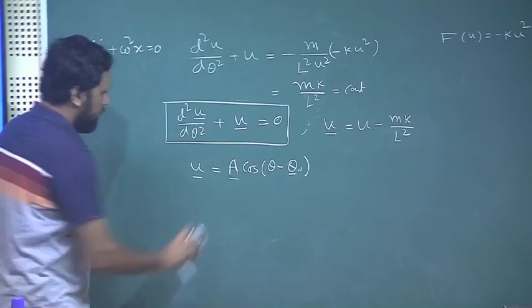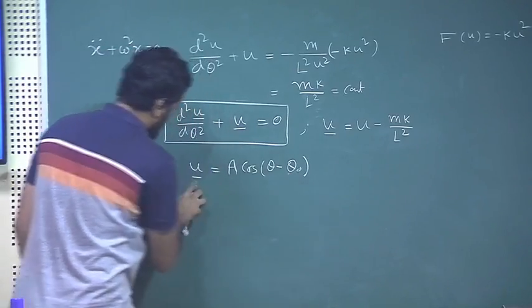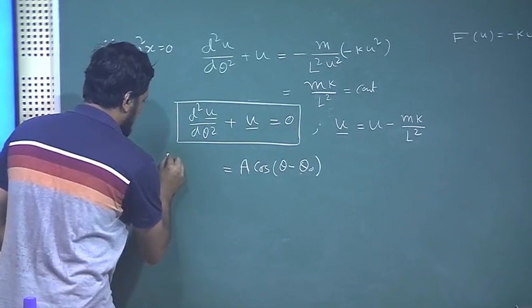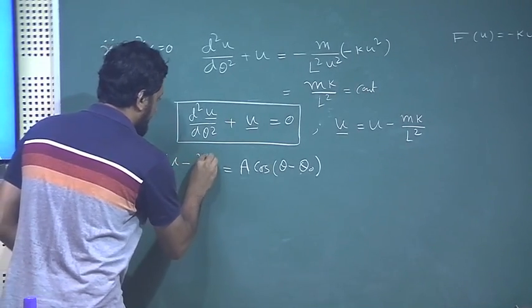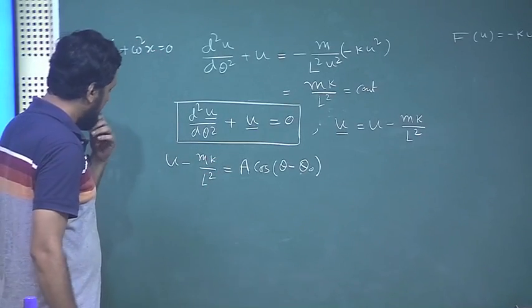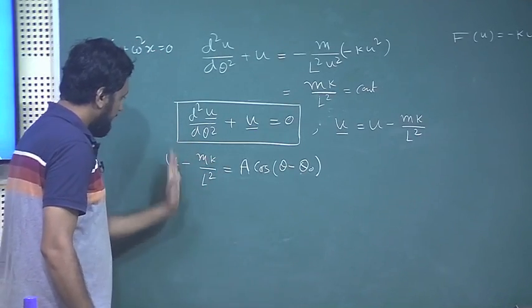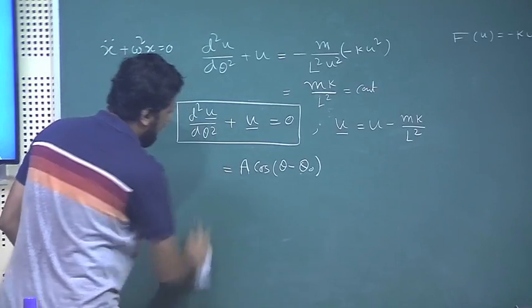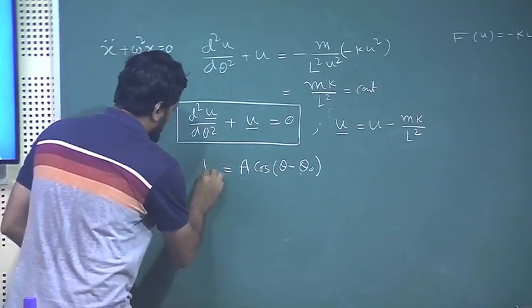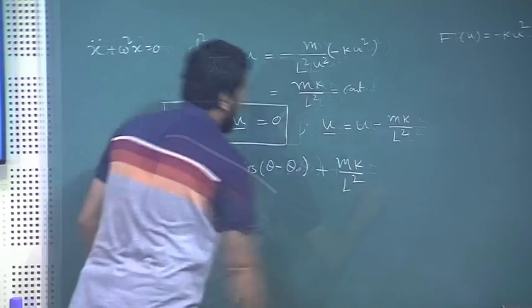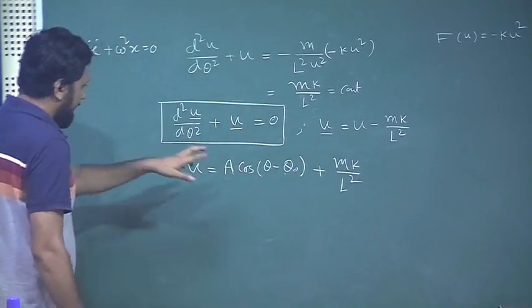Right. So, we substitute once again for ū, which is u minus mk/L², and we once again take it to the right hand side. So, the left hand side remains as u and right hand side becomes mk/L².